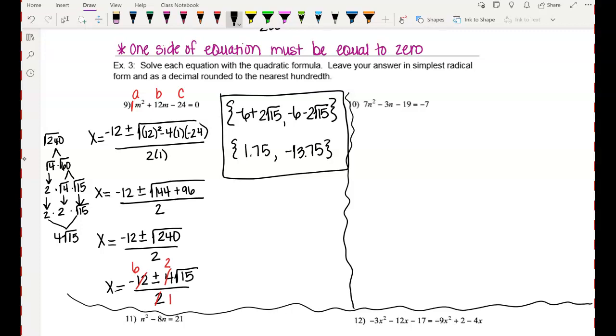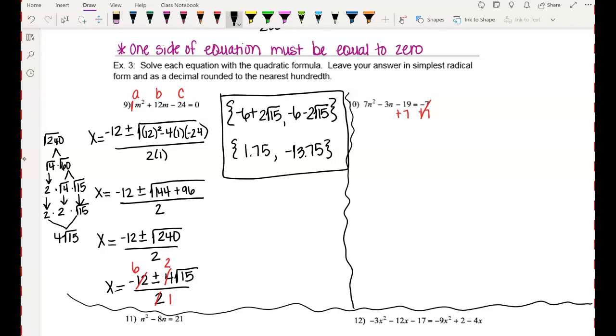Number 10, 7n squared minus 3n minus 19 equals -7. This time I don't have one side equal to 0, so I need to do that first. I have to add that 7 to both sides so that I have everything on one side of my equation.